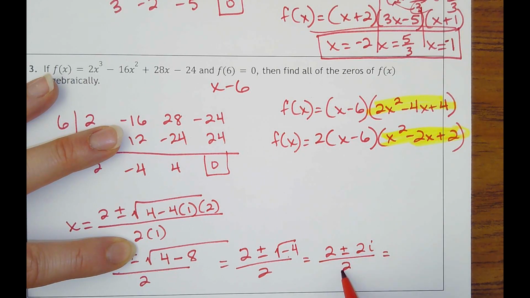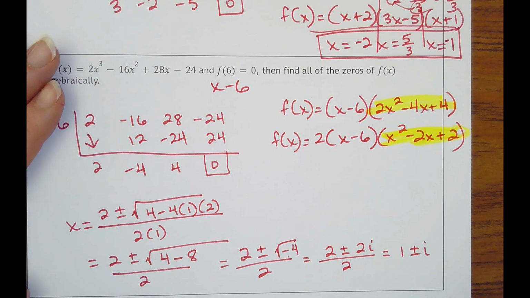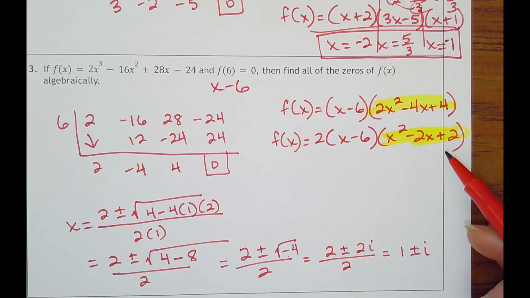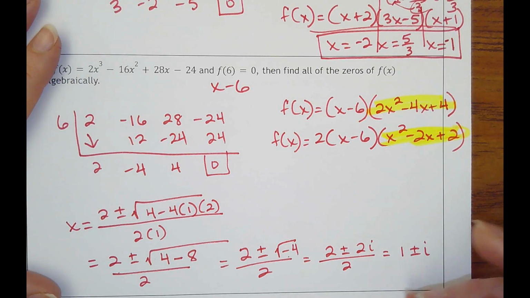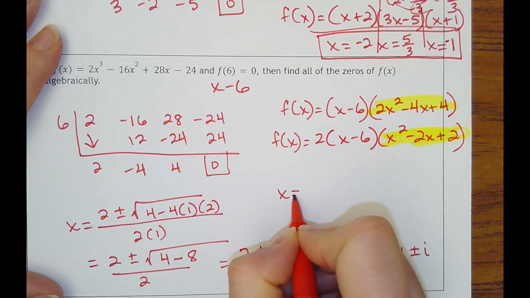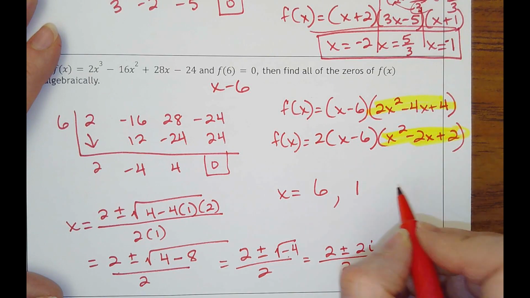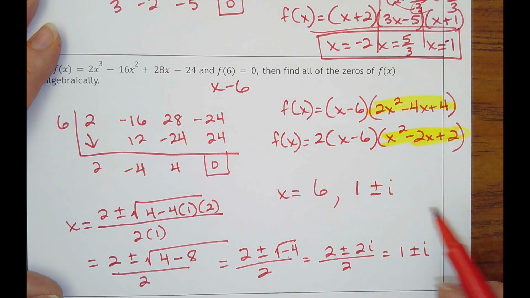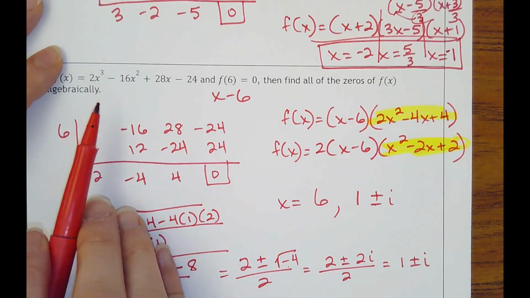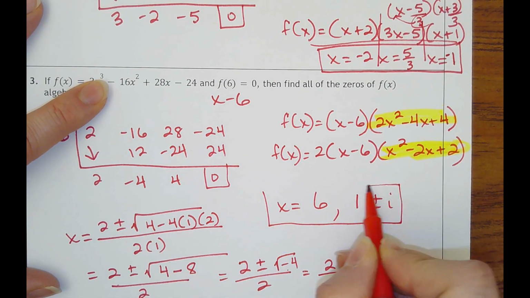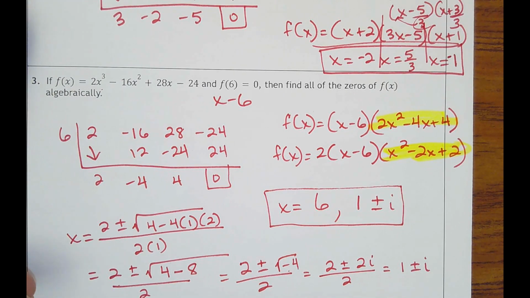Simplify, divide by 2, so that would be a 1 plus or minus 1i or just i. And so it's that. So we didn't get to factor, but we had to solve by quadratic formula. So our answers, or our zeros, is the 6, that's positive, and the 1 plus or minus i, because that gave us 1, 2, 3 answers, which matches the highest degree of our polynomial, which is what happens when you find the roots.